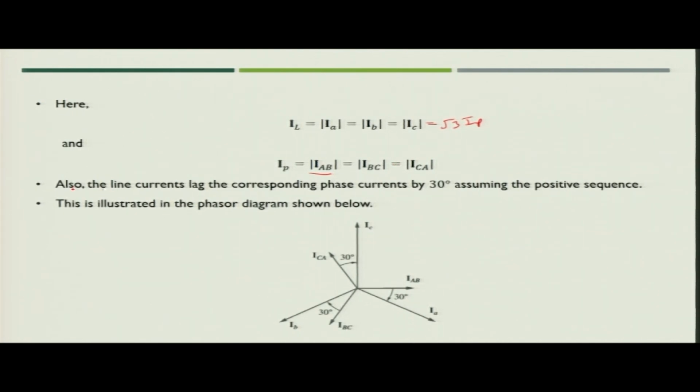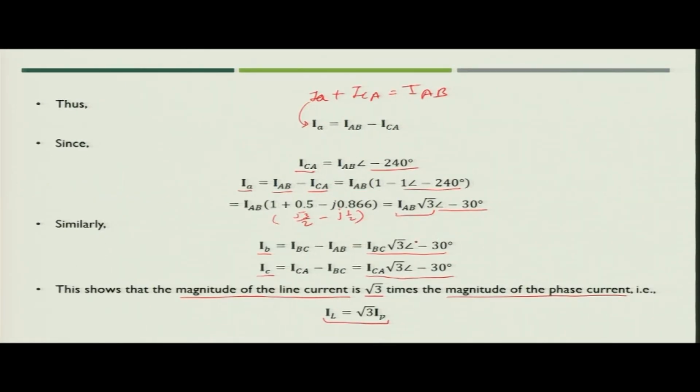The important thing which we have to keep in mind is that the line current in case of delta connected load will lag the corresponding phase current by 30 degree. So, this you can see from the current expressions that the line current is lagging the phase current by 30 degree.